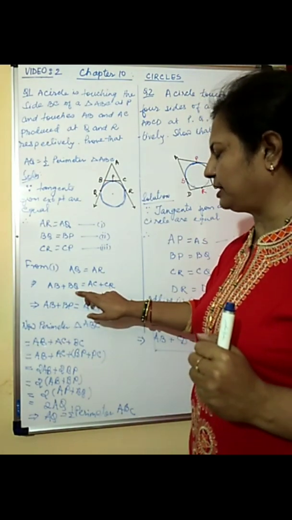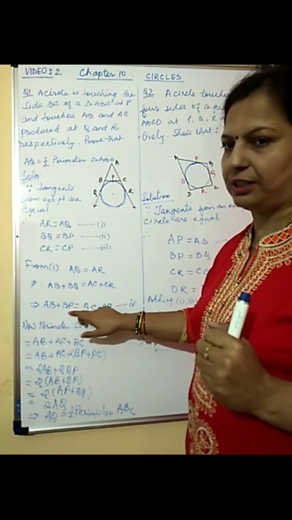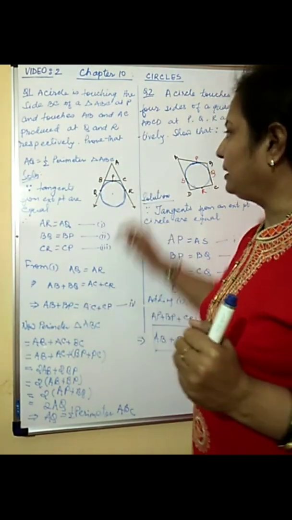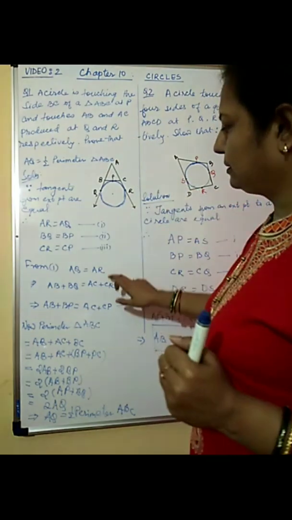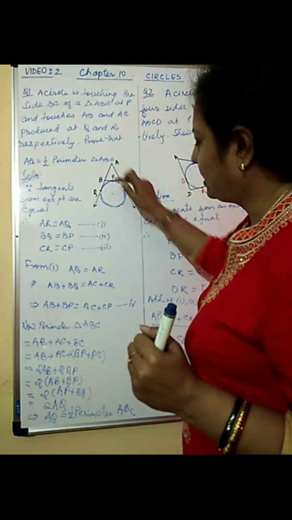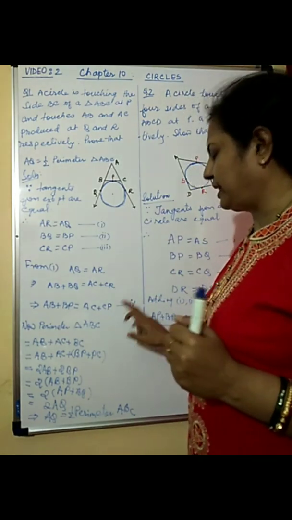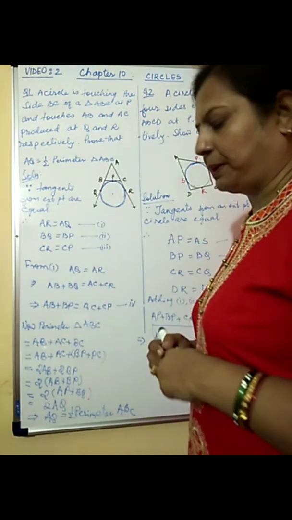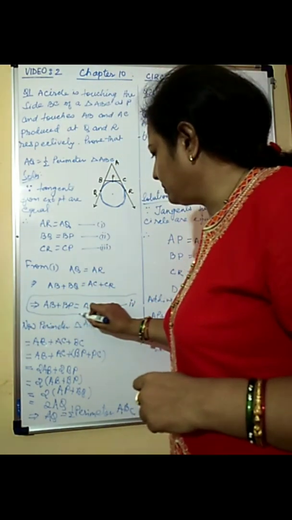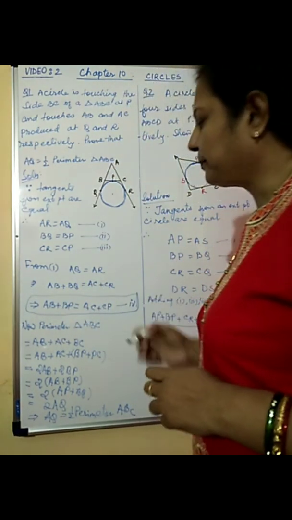So in place of BQ, we have substituted BP, which is part of this triangle ABC. And the second one is AC plus CR. So instead of CR, we are substituting CP, because that is now going to be part of the triangle. So we call it equation 4.